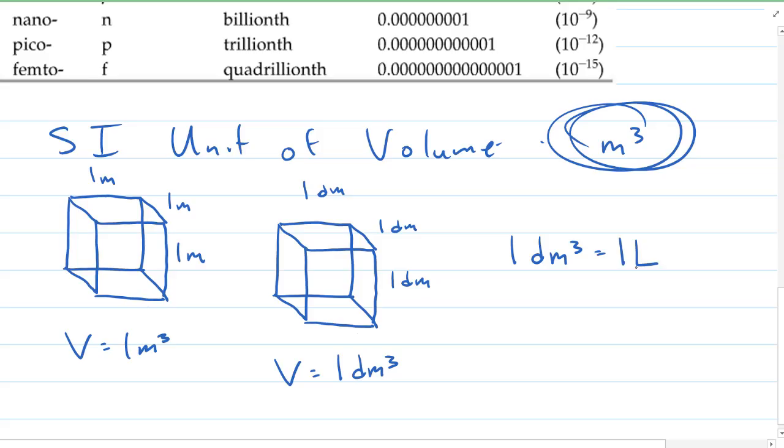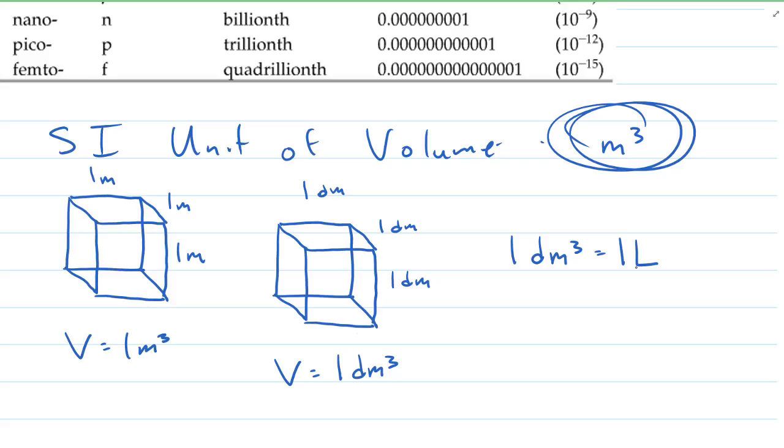So if you're wondering where the liter comes from, a liter is the same as 1 cubic decimeter. And this is something that's more convenient, refrigerator size, as compared to a cubic meter, because in SI units, a cubic meter is going to be a really, really big box. So this is something that's more convenient.